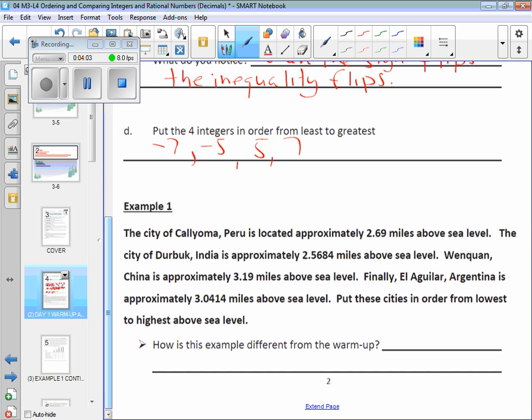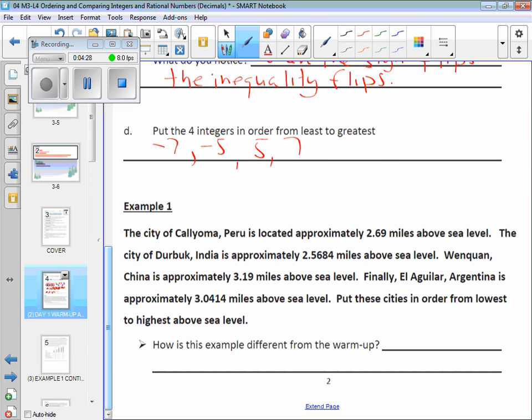Wenquan, China, these are true by the way, is approximately 3.19 miles above sea level. And finally, El Aguilar, Argentina is approximately 3.0414 miles above sea level. Put these cities in order from least to greatest, or lowest to highest above sea level. How is this different from the warm-up?